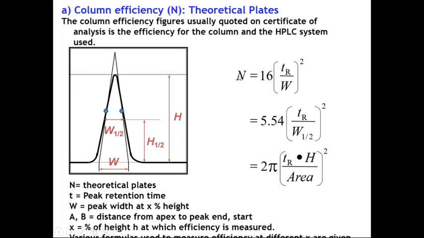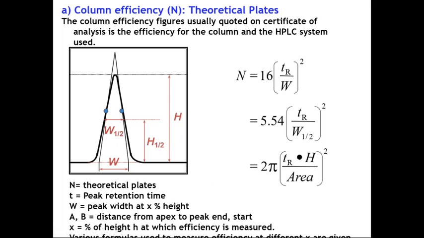The first formula is the common formula we use, which is equal to 16 times the retention time divided by the width of the peak, whole squared. Or we can use the one at half width, which is 5.54 times the retention time divided by the width at half height. So the theoretical plates will tell you the column efficiency.